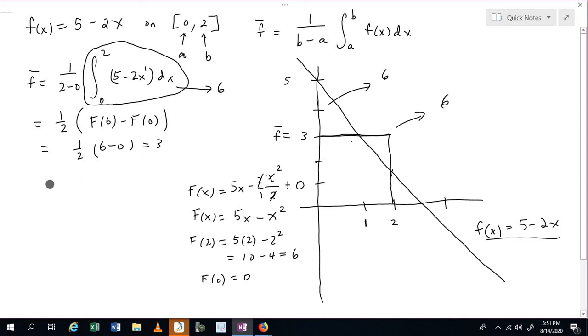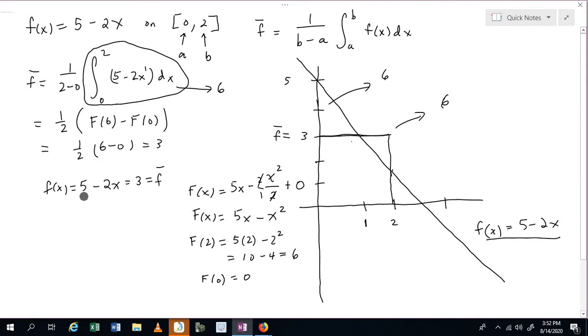And so if we just take this function and set it equal to 3, we can solve for the x value where that happens. Of course, that's what this overall question is asking us: when does the function equal its average value?